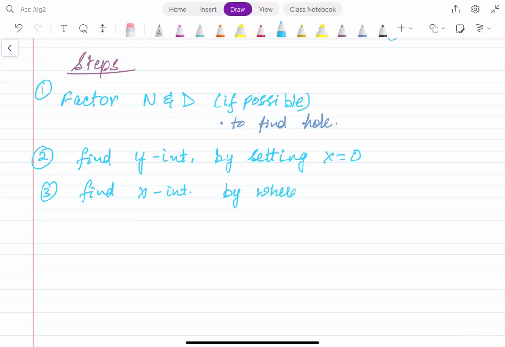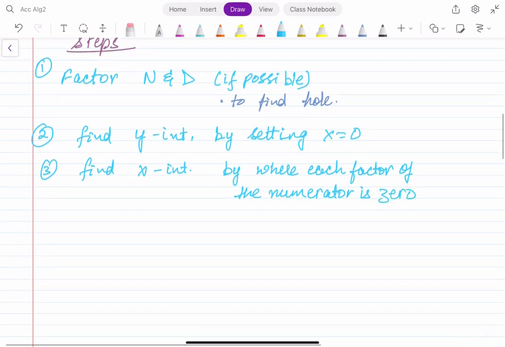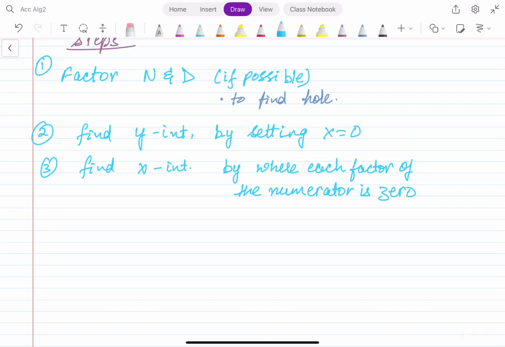A fraction is nothing but the rational function, and if we set it equal to 0, then with cross multiplication the denominator automatically drops out. So technically we are only putting the numerator equal to 0. That's why it says where each factor of the numerator is 0.